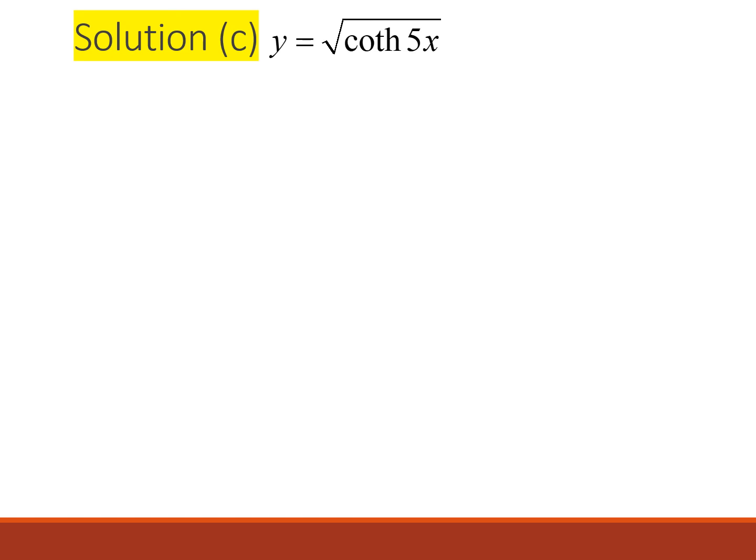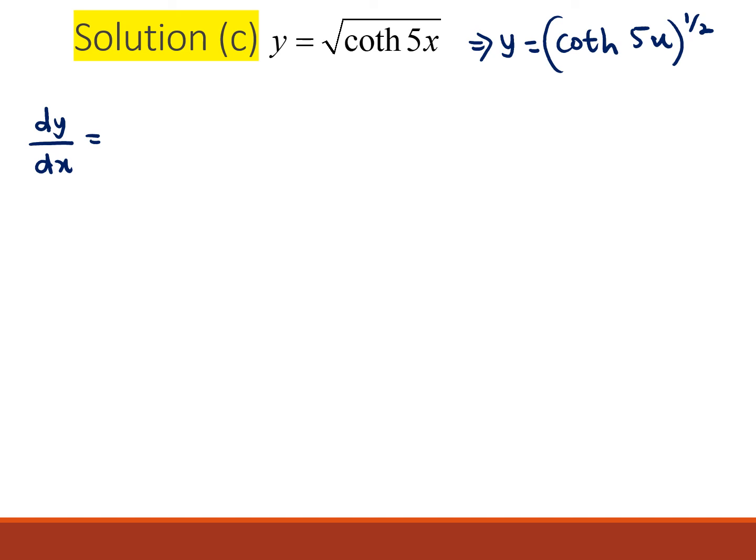Or if you want to find the derivative directly, first what you need to do is to differentiate the outer function, where you can rewrite this as y equals cotangent hyperbolic of 5x to the power of half.